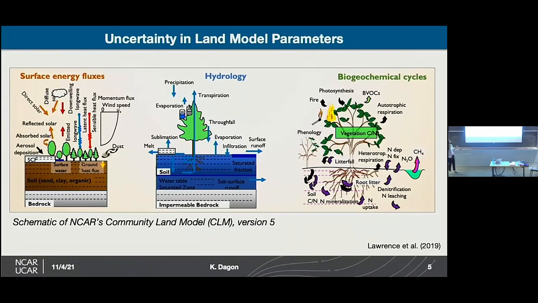So these models are trying to represent everything from surface energy fluxes to hydrology, and then also biogeochemistry, and variation among grid cells and plant types. So there's a lot of heterogeneity, there's a lot of variation in parameterized processes, and that leads to uncertainty when we don't exactly have perfect observations to inform our values for these parameters.